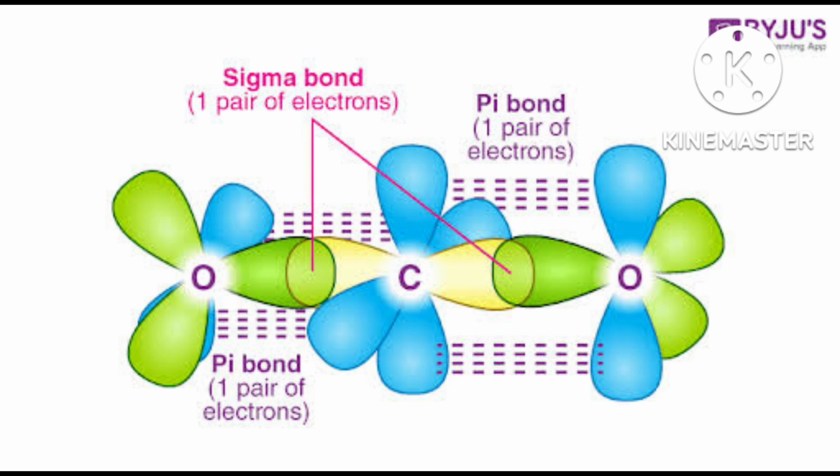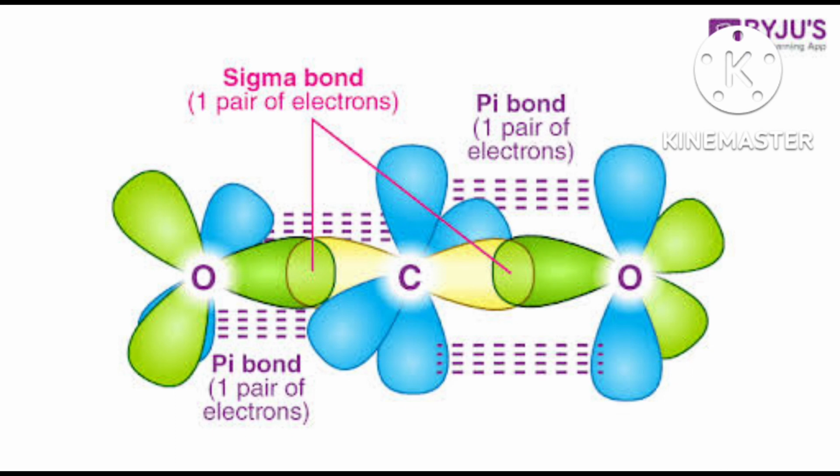After the overlapping, they will make a bond, and that bond is called pi bond. Sigma bond is stronger than pi bond. Actually, in sidewise overlapping the overlapping is very little, not more.